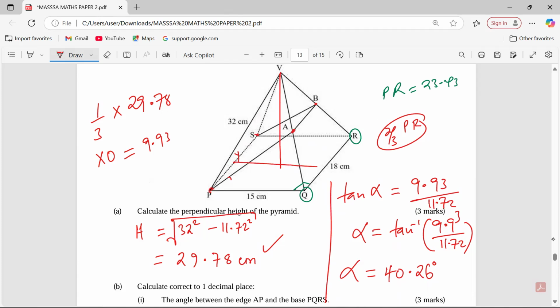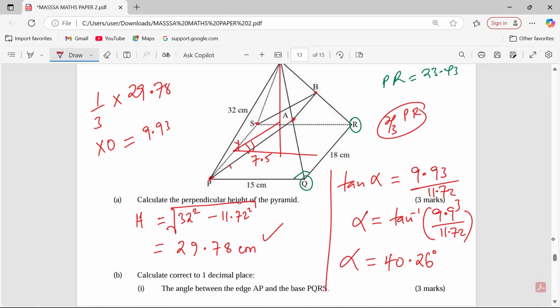So we need the angle here. This one to be used with the distance here, which is also 7.5. And a third of the whole height, we said this one is 9.93.